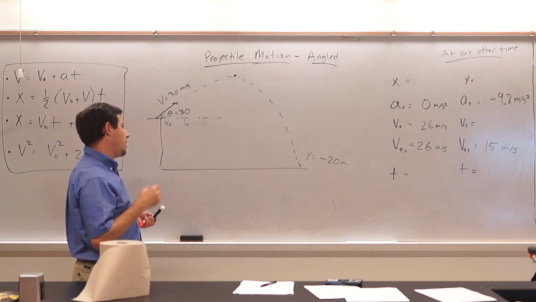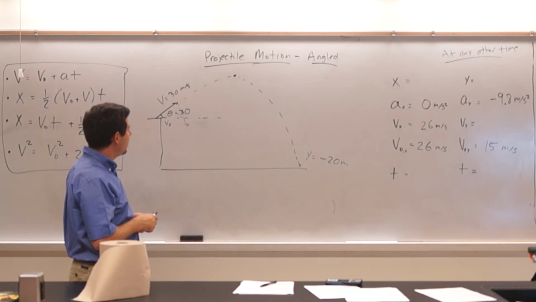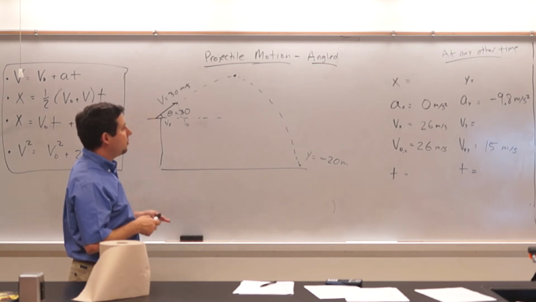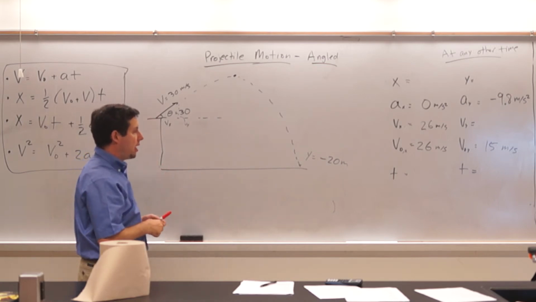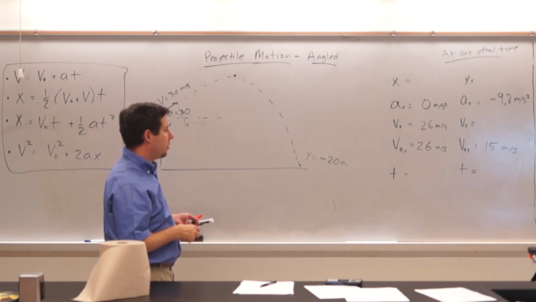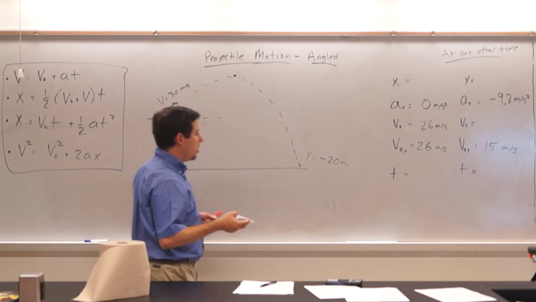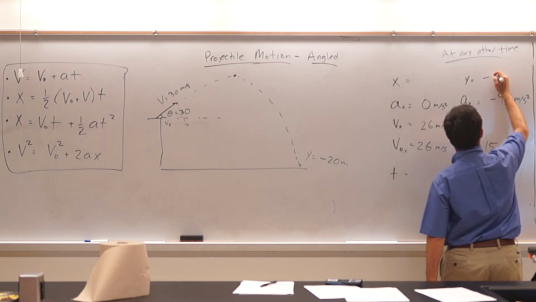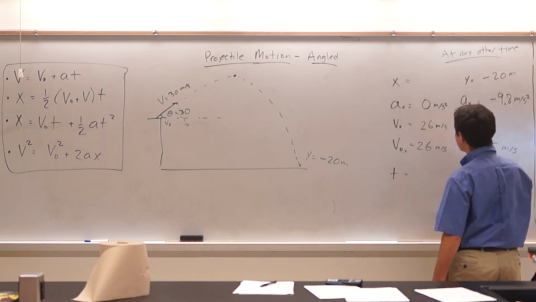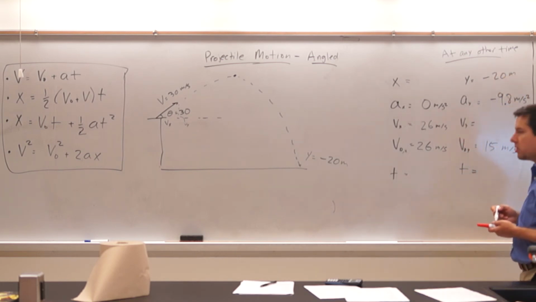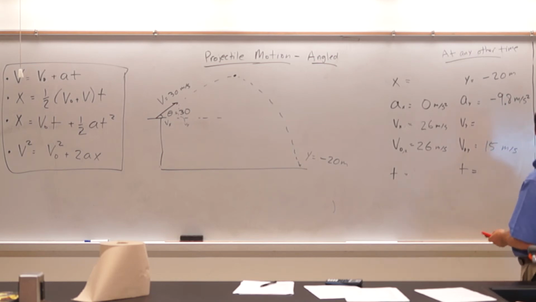It's the same as everything else, right? You have your initial velocities up there already. You have your acceleration. And now you know that y is equal to negative 20 meters. And you can solve this problem just like you've solved all these other problems. You've got 3 variables and 2 unknowns.